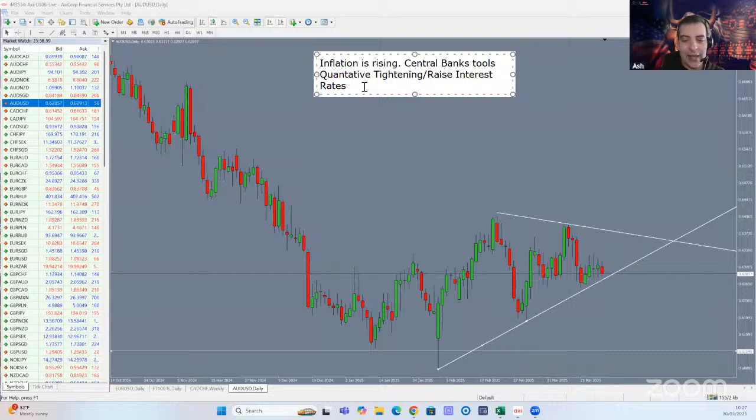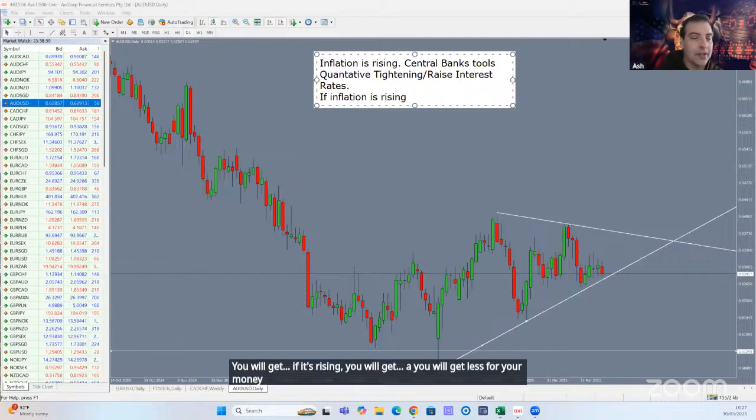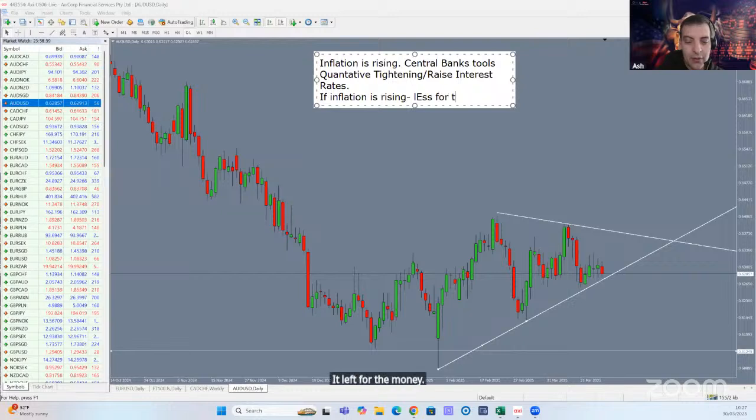So if inflation is rising, you will get less for your money. Interest rate rising, it's less for the money, which does devalue the currency.